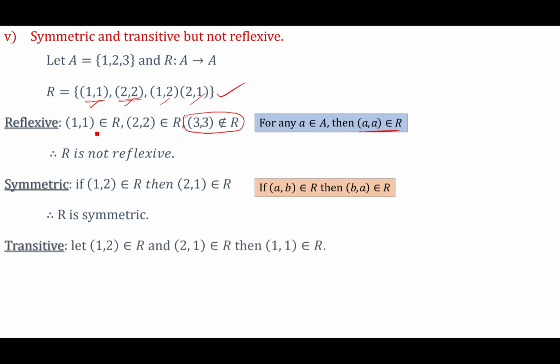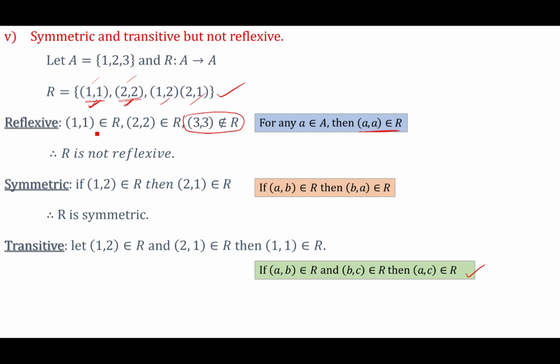Come to transitive. The transitive condition says if (a, b) belongs to R and (b, c) belongs to R, then (a, c) must belong to R. So for this condition you have to check all the ordered pairs. All the ordered pairs with identical elements I don't need to check. By default these two satisfy the transitive condition.